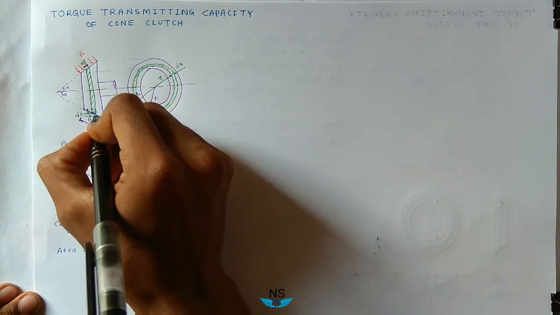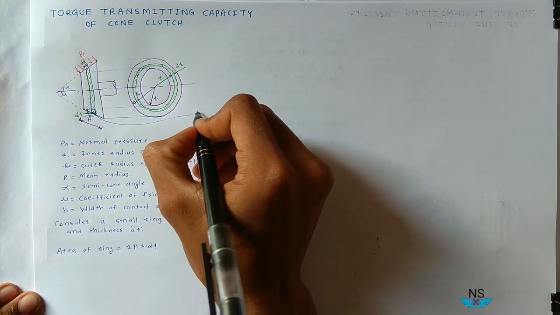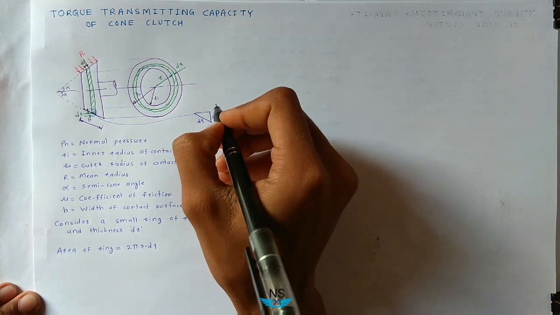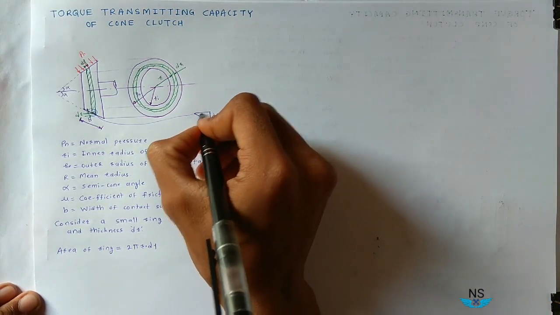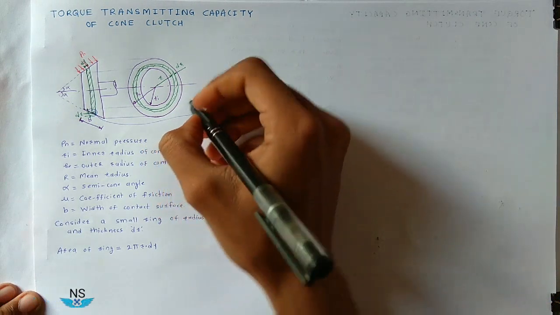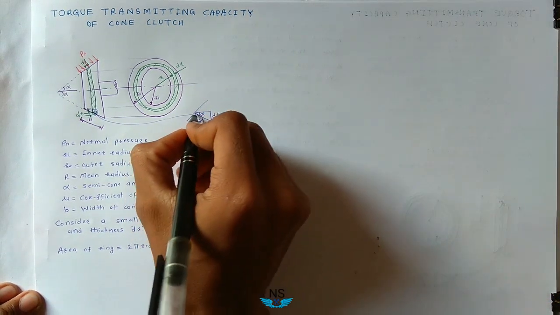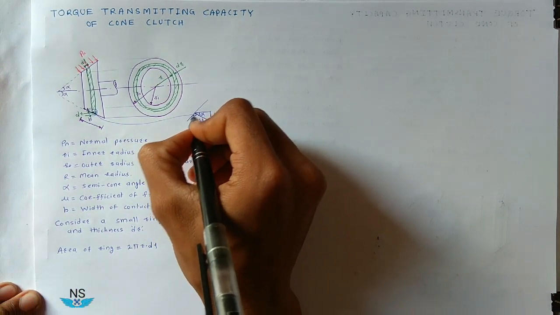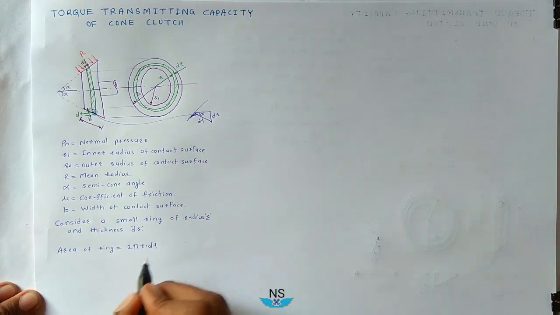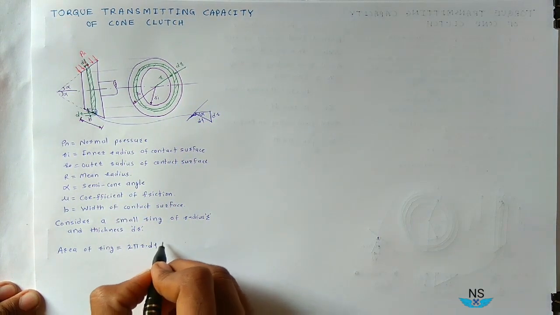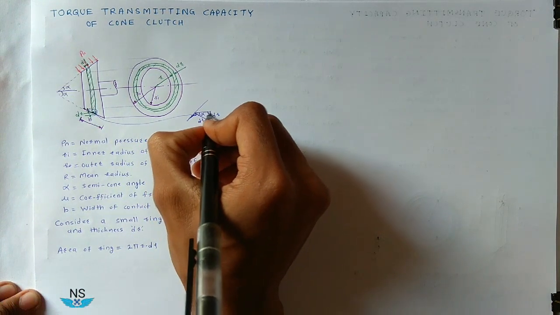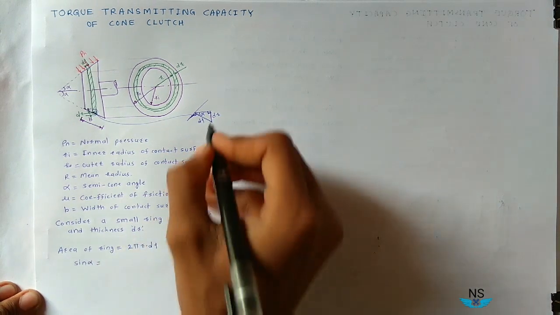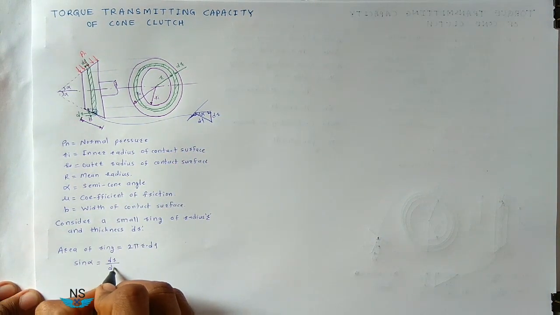So I zoom this figure here. This is dl, this is dr, and this angle is alpha because this angle is 90 degrees. Now from this triangle, sin alpha is equal to dr divided by dl.